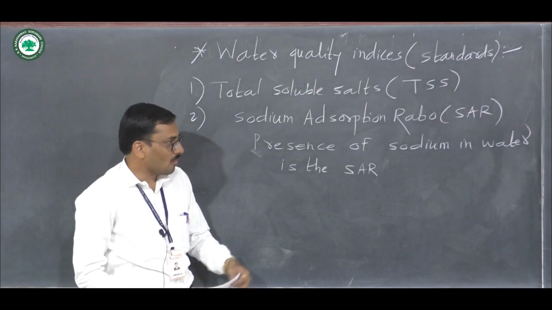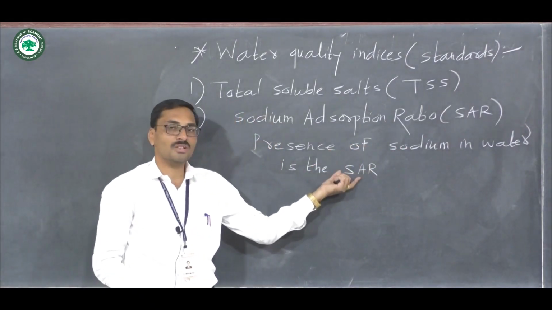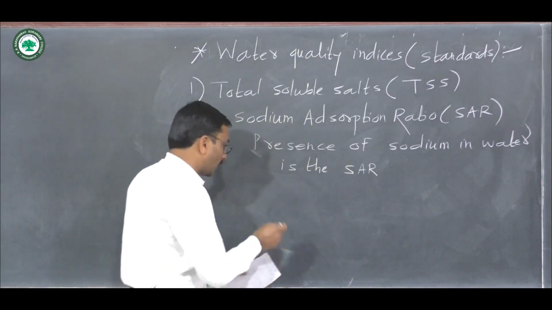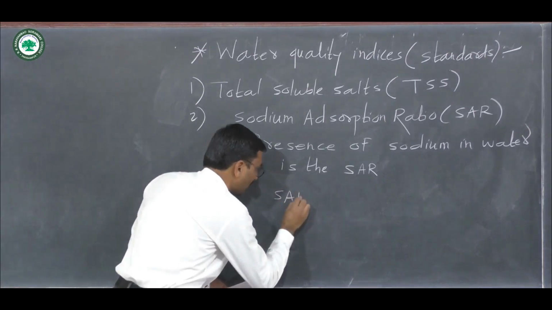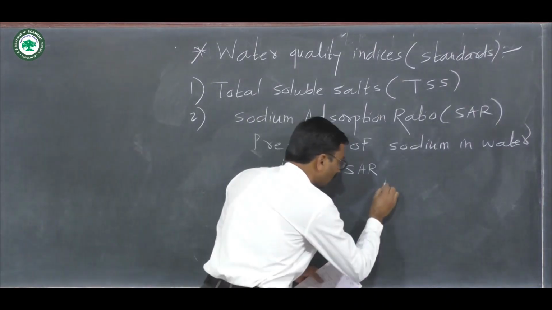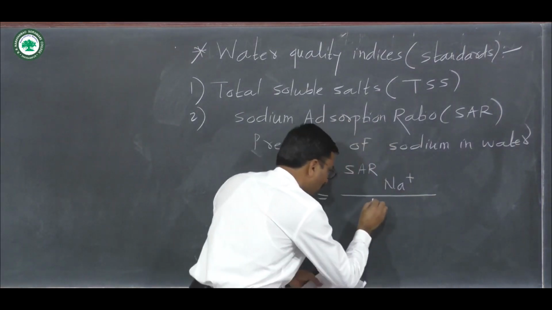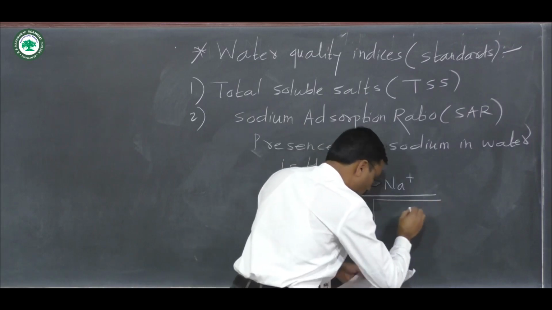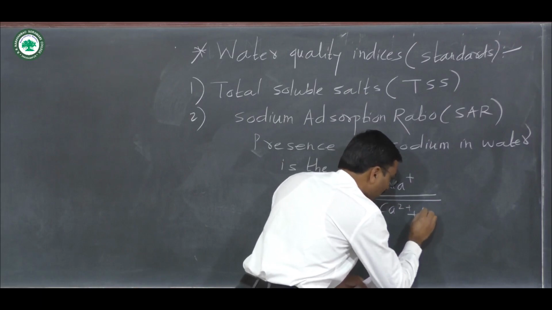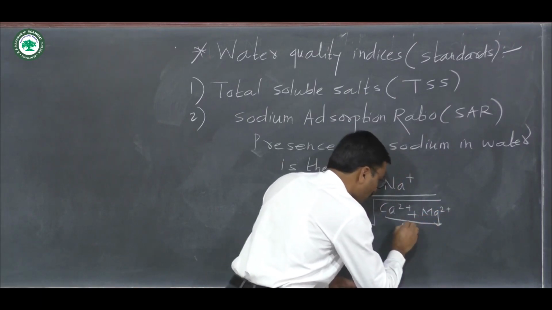This sodium adsorption ratio is calculated by the formula SAR equals Na+ upon the square root of (Ca2+ plus Mg2+) upon 2.